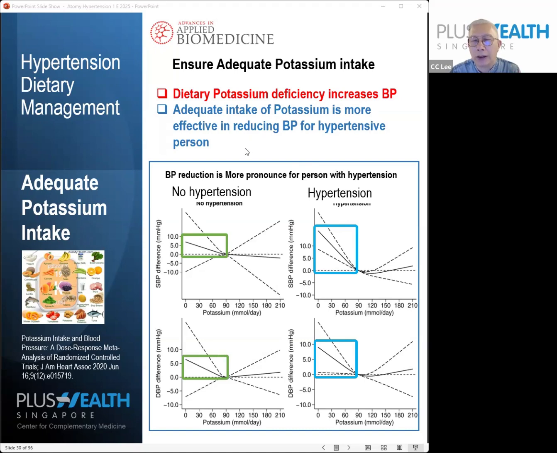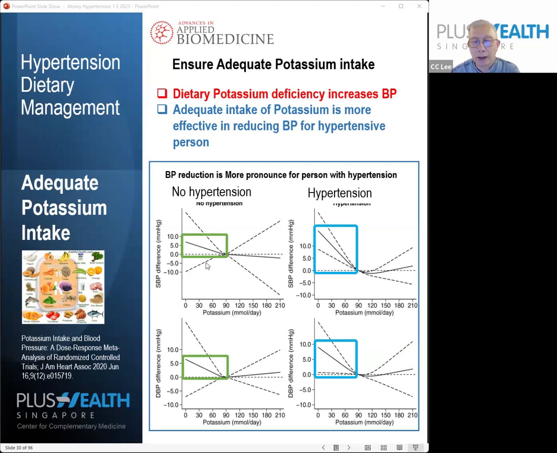if you don't have enough potassium, because of potassium deficiency itself, you will have hypertension. Which means that if you don't eat enough potassium in the diet and you are potassium deficient, then you can see from this chart that whether you are a hypertensive person or a normal healthy person, it will increase your blood pressure. Both SBP and DBP will be affected.